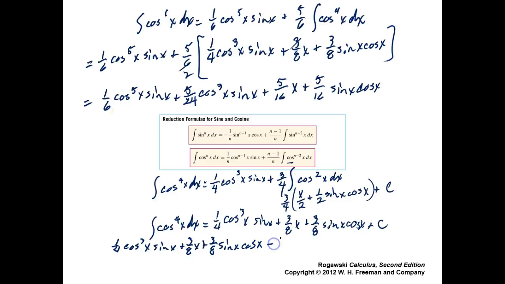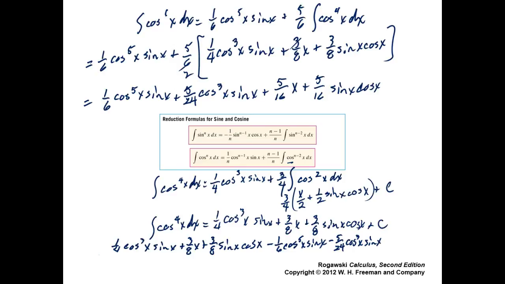So that's going to be minus 1/6 cosine fifth x sine x, minus 5/24 cosine cubed x sine x, minus 5/16 x, minus 5/16 sine x cosine x plus c.